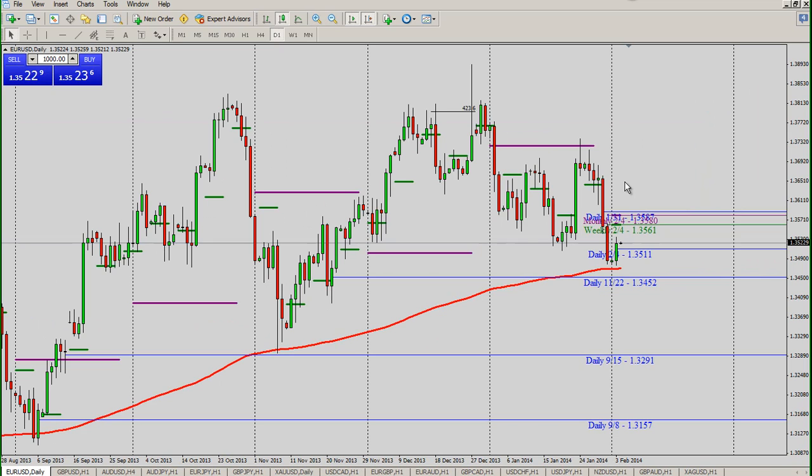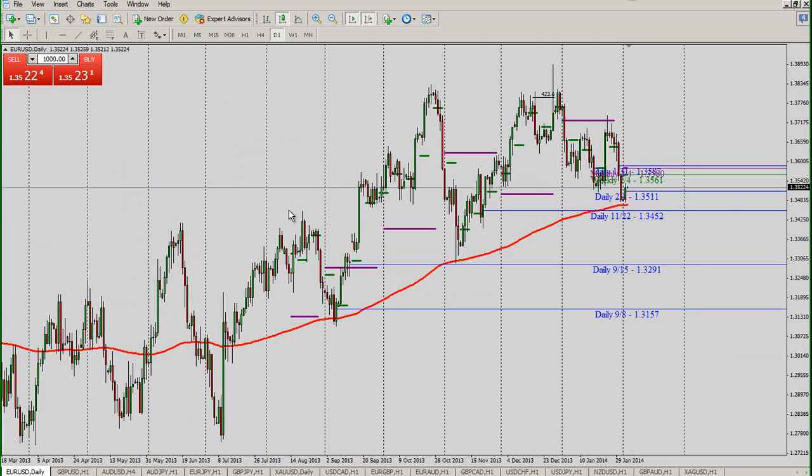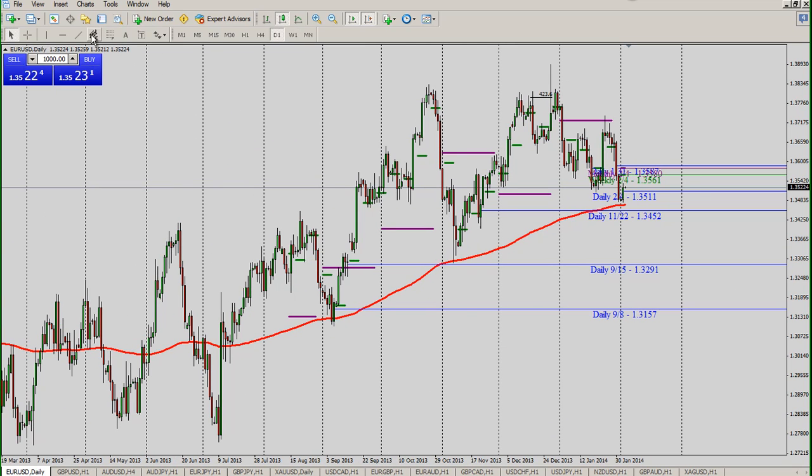We don't have any really major technical setups still. I've talked about this a couple of times as well. If we look at this daily chart and bring it out and go to the last few swing points, you can see that the euro is finally breaking out of this pretty major wedge, a rising wedge.